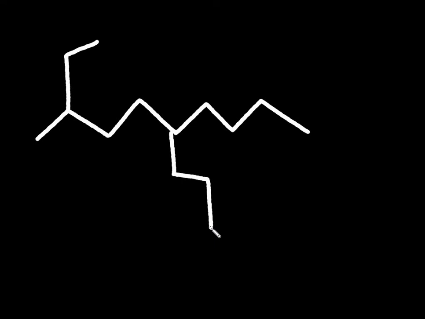Let's start at the bottom. We have 1, 2, 3, 4, 5, 6, 7, 8, and 9. Wow, that's a lot of carbons. So a lot of people are satisfied with that. They think that's the longest chain, but we have to keep going. We have to keep counting because there can possibly be a longer chain.